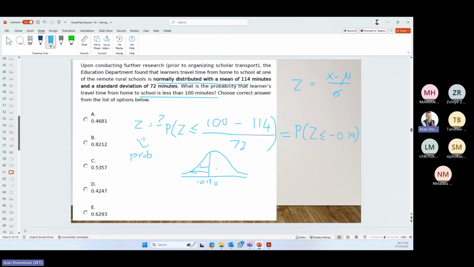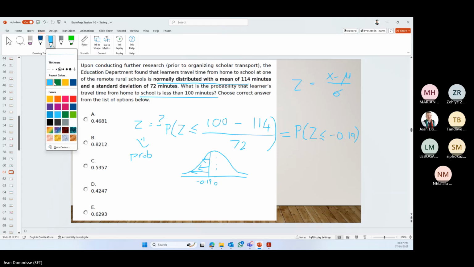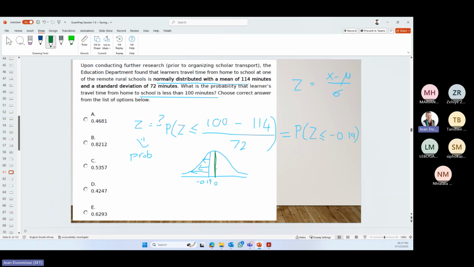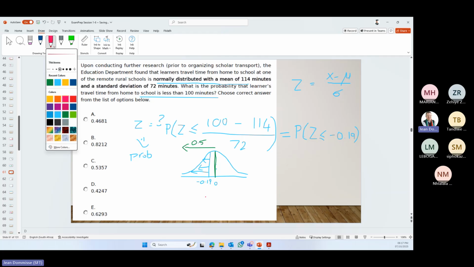Okay, so now, like we did in the previous question, let's draw. So at the 0 point, we know to the left is 0.5. Here we have again a piece that we're going to take away from 0.5 to get to that. So this tells me that we are looking at the answer that is smaller than 0.5.